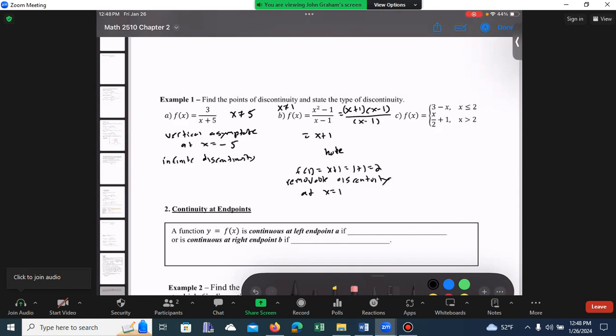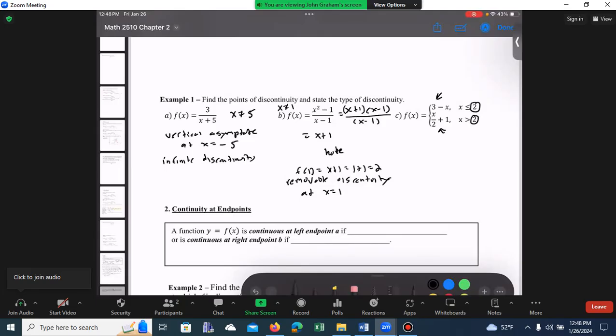In the third one, we are looking at a piecewise function. And so we're going to be concerned with what happens at 2. Each of these graphs, if you don't worry about the restricted domain, do have domains that are real numbers.